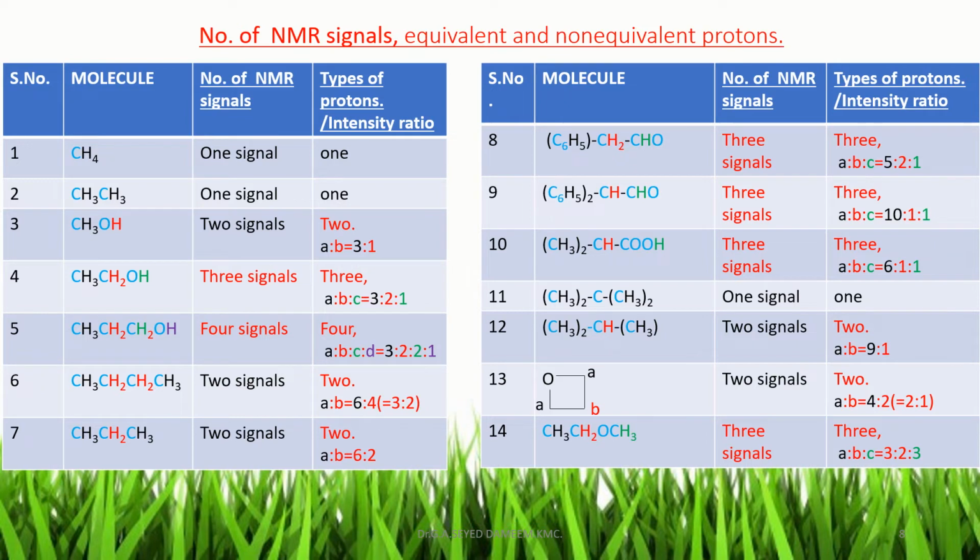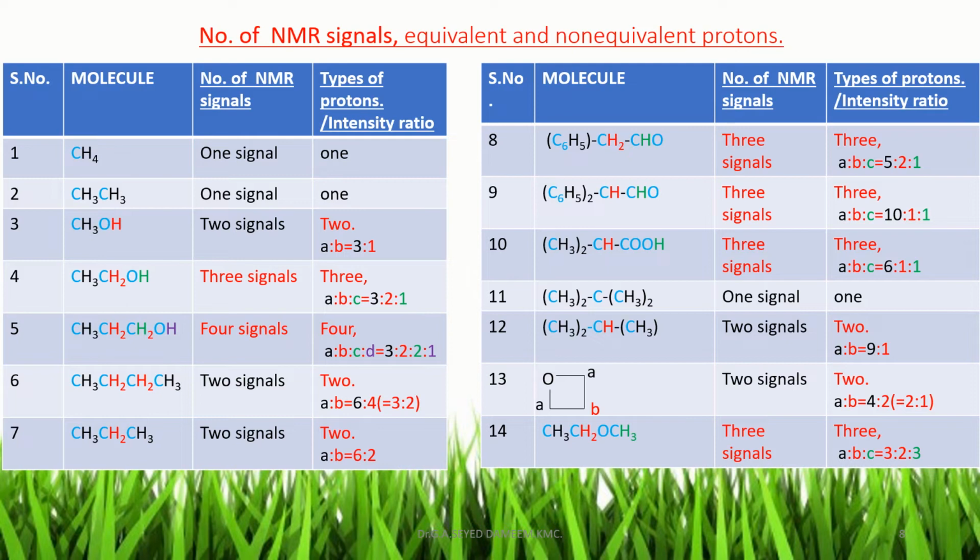Another case, serial number 5, that is CH3CH2CH2OH, it gives 4 signals, due to 4 types of protons: methyl proton, another one is methylene proton adjacent to methyl group, another one is methylene proton adjacent to OH, and the last one OH proton. So it gives 4 signals with intensity ratio A is to B is to C is to D, that is equal to 3 is to 2 is to 2 is to 1.